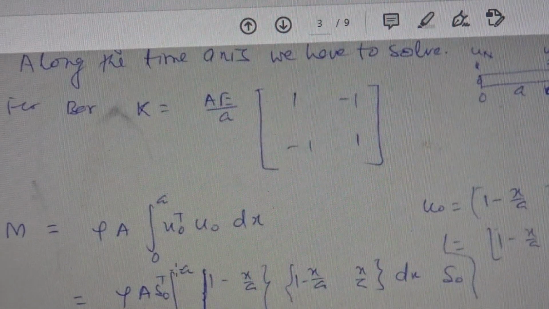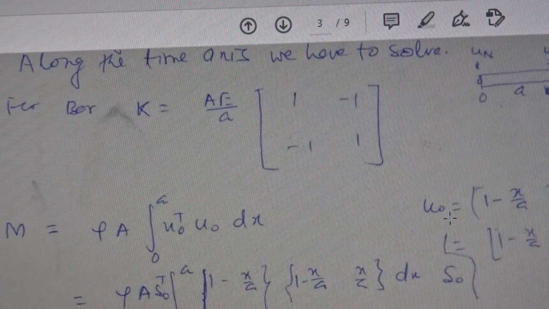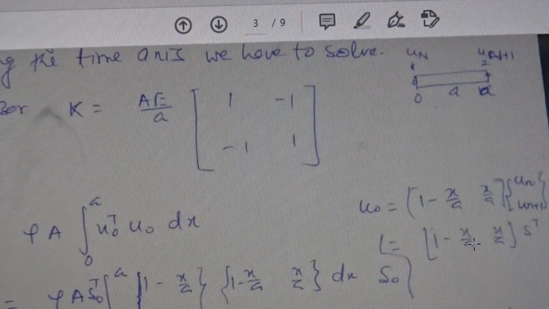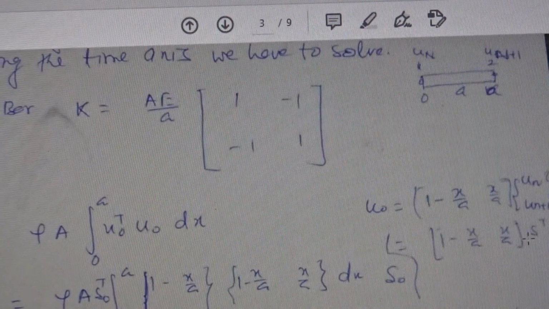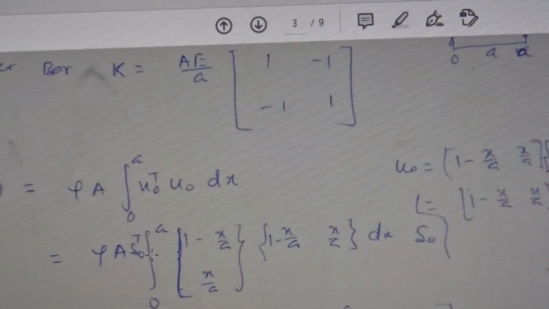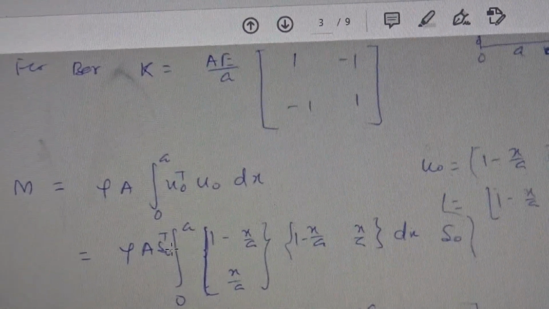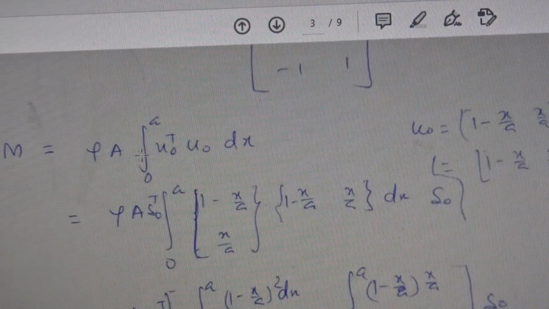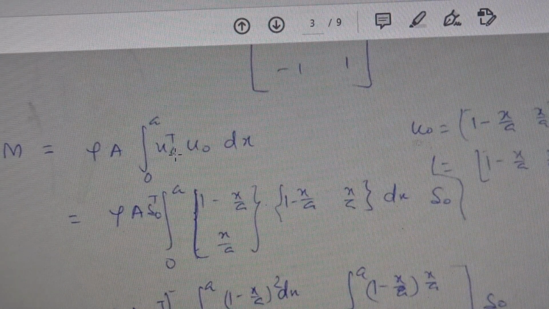And the M matrix: rho A integral from 0 to a of u naught transpose u naught dx, where u naught is equal to 1 minus x by a times delta. So M is equal to rho A integral from 0 to a of u naught transpose u dx.